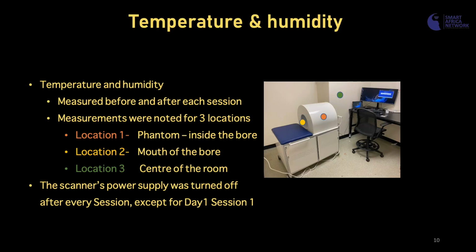To begin with, we did look at temperature and humidity at three different locations: at the mouth of the bore in yellow, the center of the bore in orange, and the ambient temperature and humidity in green in the room. The scanner's power supply was turned off after every session, except for day one and session one when we wanted to start the experiments.